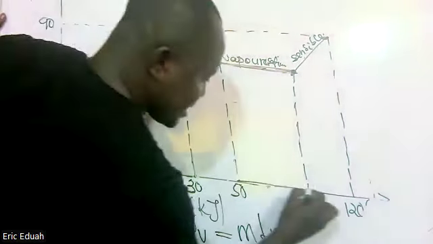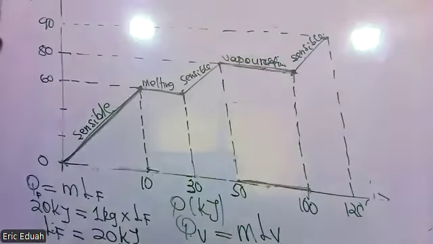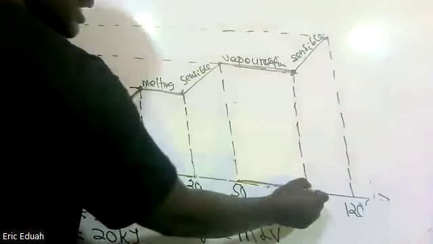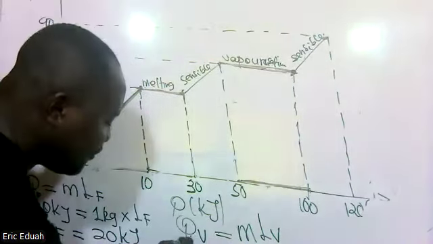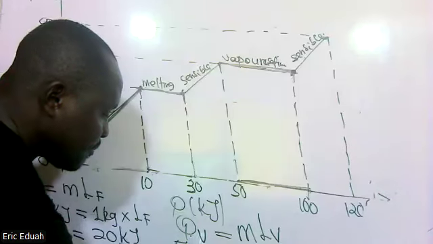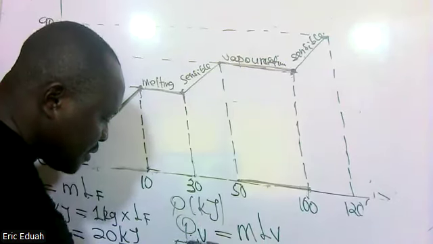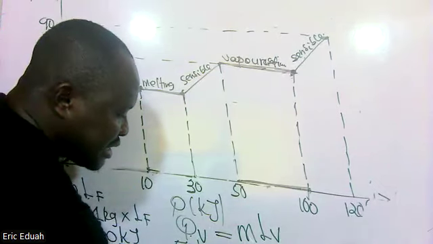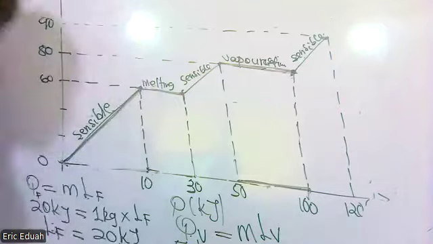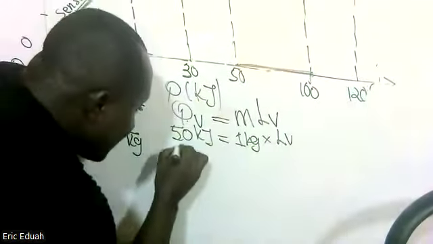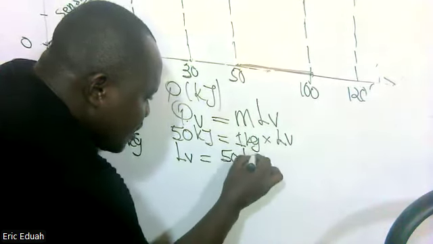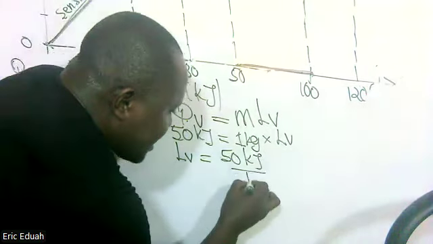QV is this. That quantity of heat energy absorbed is the difference between this. So 50 kilojoules is equal to 1 kilogram mass times LV. Therefore, LV is equal to 50 kilojoules over kilogram.